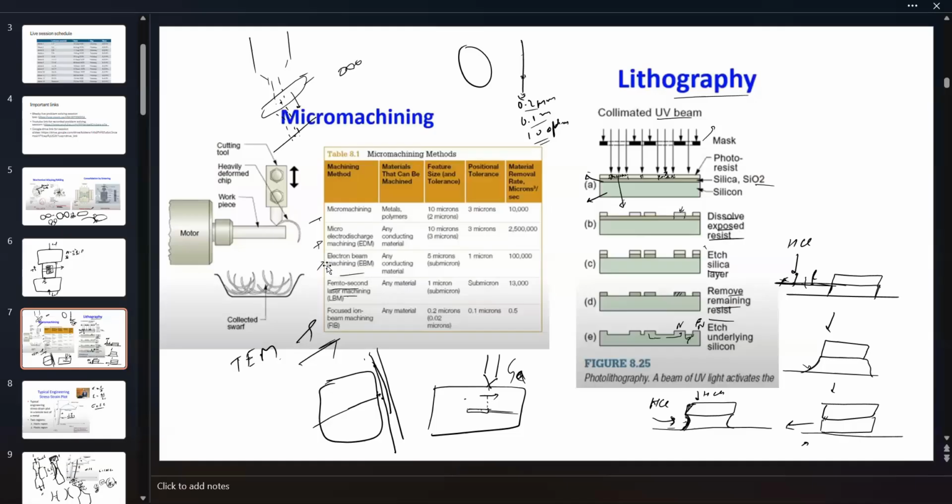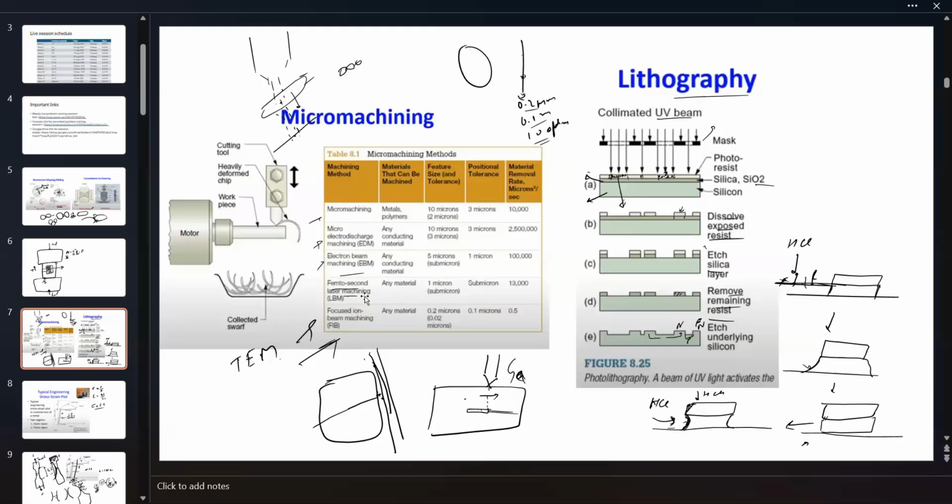You have electron beam machining, where you use an electron beam to locally evaporate or vaporize the material to remove it and cut the workpiece into the shape you want. You can get better accuracy, more tolerance, 5 microns.